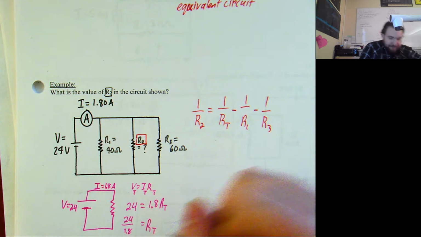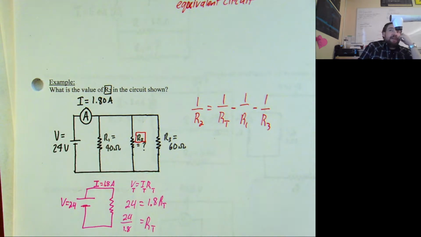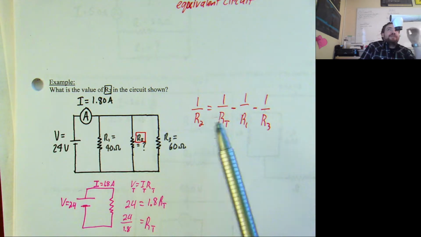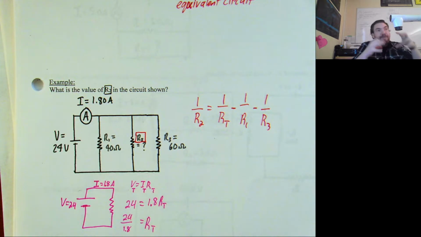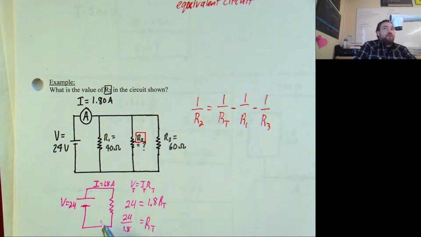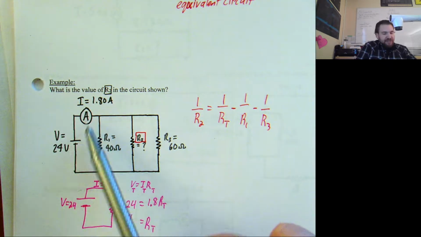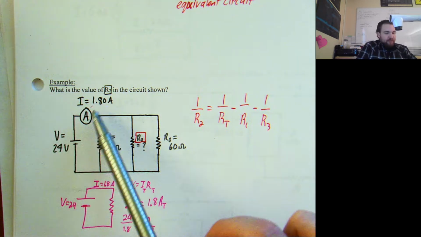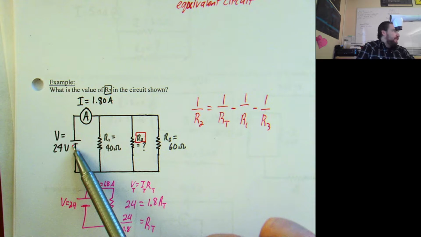That equals RT. Cool. So what you've done here is we recognize that we need to find R2. In order to find R2, we need the total voltage. So what would be the resistance if I condensed these three parallel resistors to one resistor, given that the current in the main branch and the voltage is 1.8 and 24 respectively?